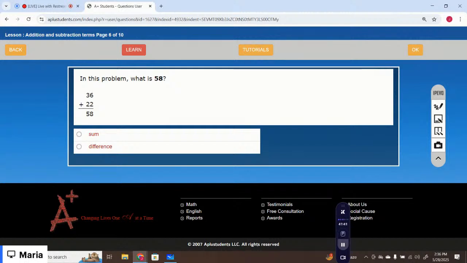In this problem, what is 58? That is sum.